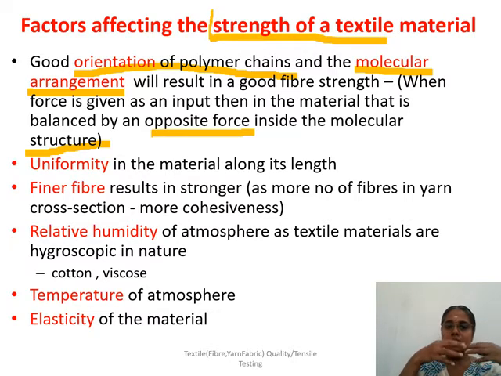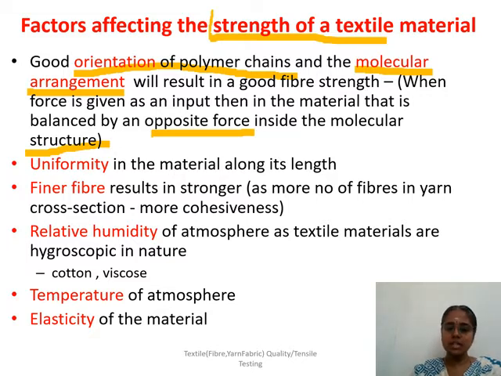So due to that, there is an internal change in the molecular arrangement, which results in the change of the fiber. As our polymer chains and the molecular arrangement are the reason for the strength, temperature affects the orientation and other properties. So, the temperature has an influence on the strength of the textile material. In normal temperature conditions, maybe it is not changing much.